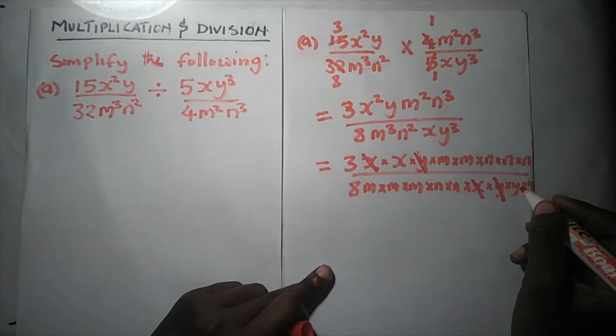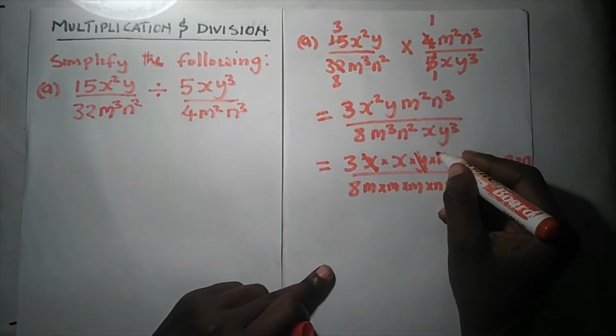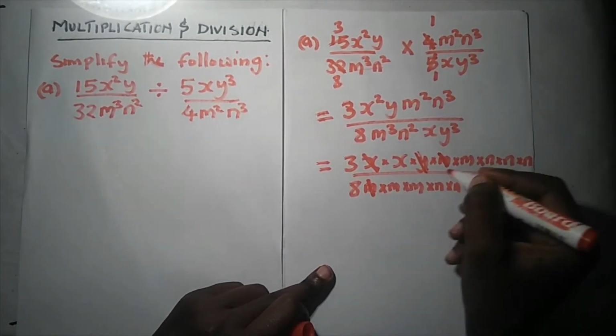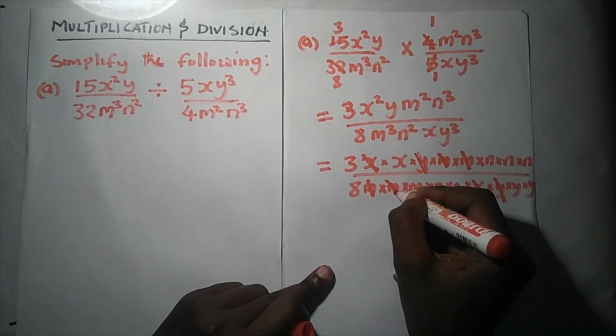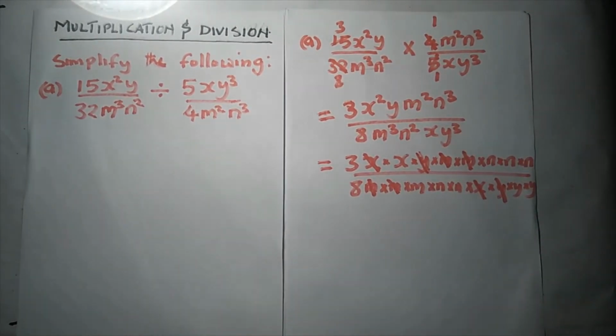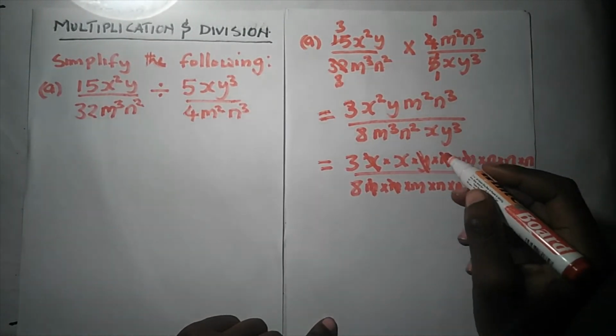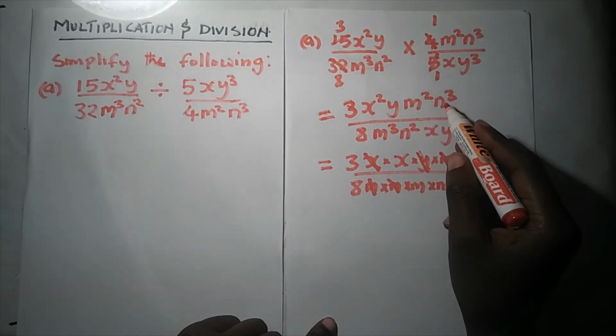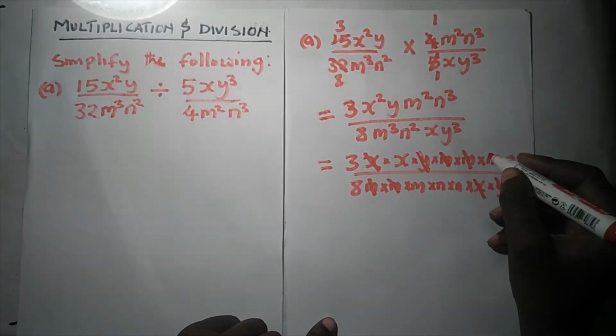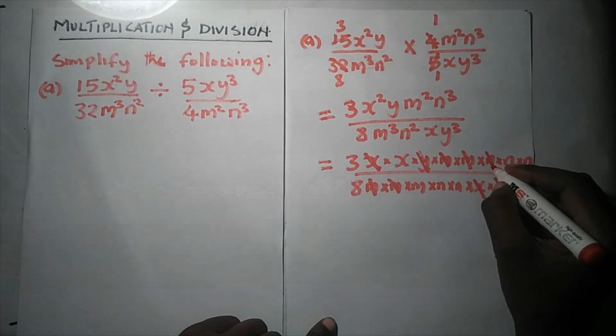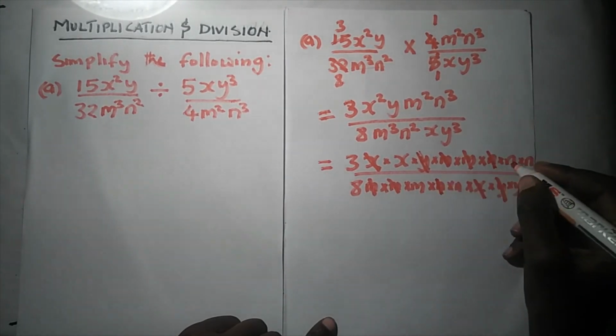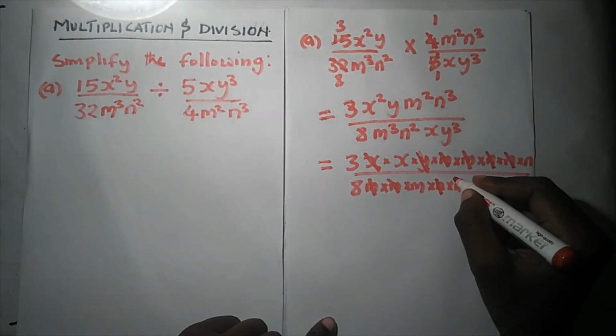When you look at the m's here, we have 2 m's on top, so this m will cancel with this m here. And then the n's also are going to cancel. You can see that down here you have 2 n's, on top here you have 3. So this n is going to cancel with this one, and this n will cancel with this one.